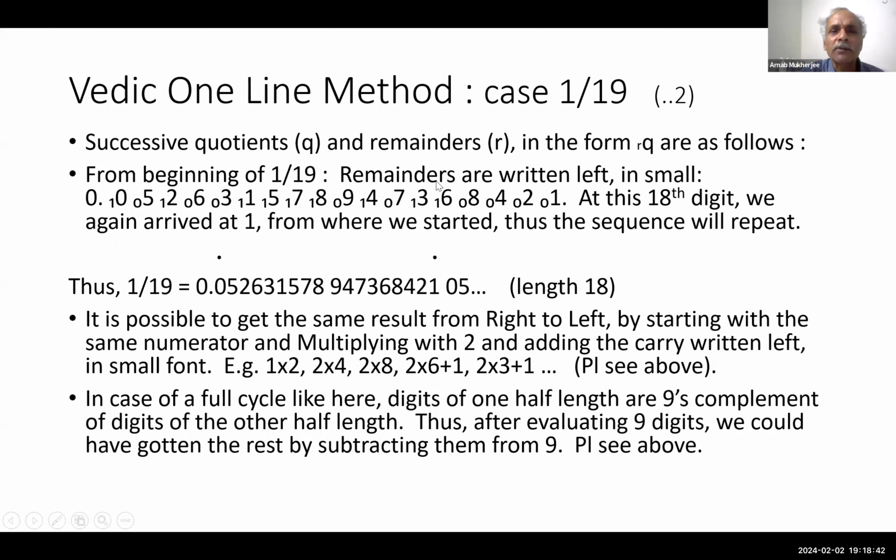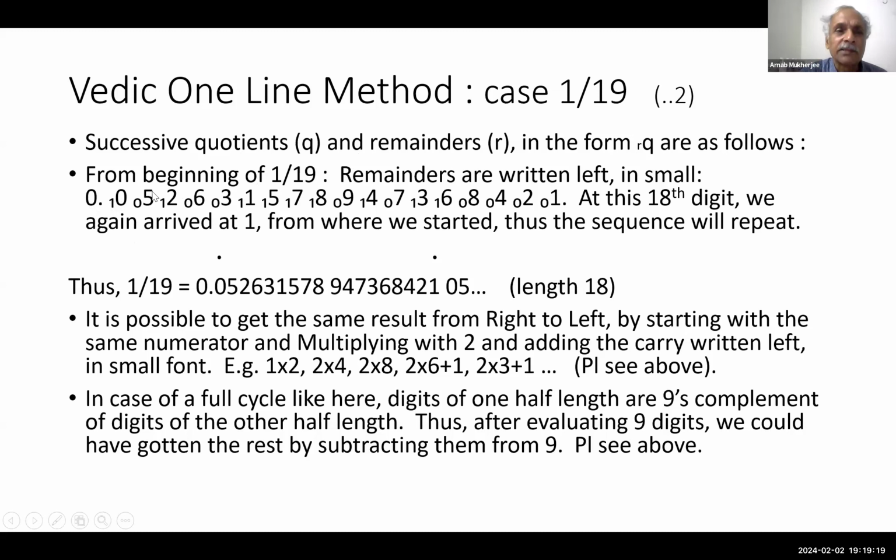From the beginning of 1 by 19, the remainders are like this. See? I am actually finding 1 by 19, isn't it? So you write 1 divided by 2 on the paper. So 0 point, and then 1 divided by 2, my quotient is 0 and remainder 1. This looks like 10, isn't it?